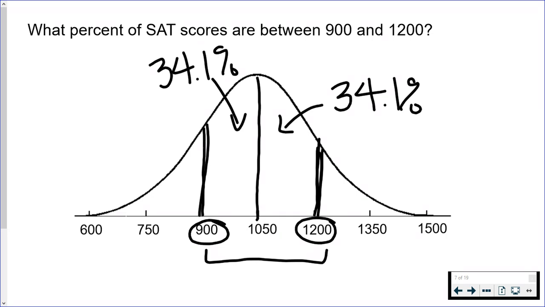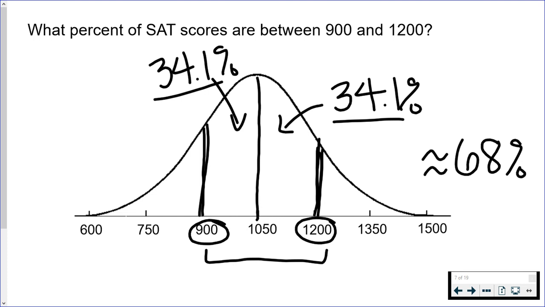So the answer to this question is approximately 68% or 68.2% when you add up these numbers. Depending on the resource that you're using, the numbers may be a little different because of rounding, but just understand that it is approximately 68% or 68.2, whichever one you use.